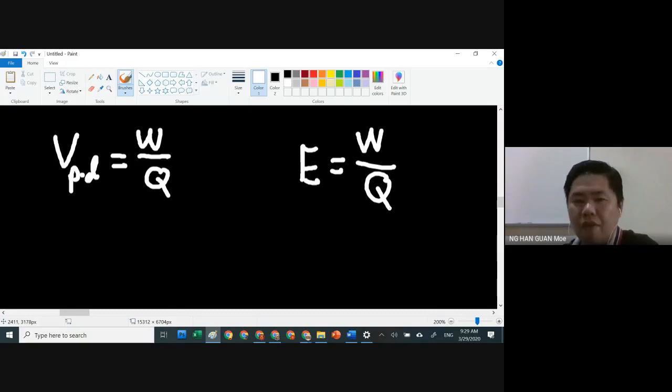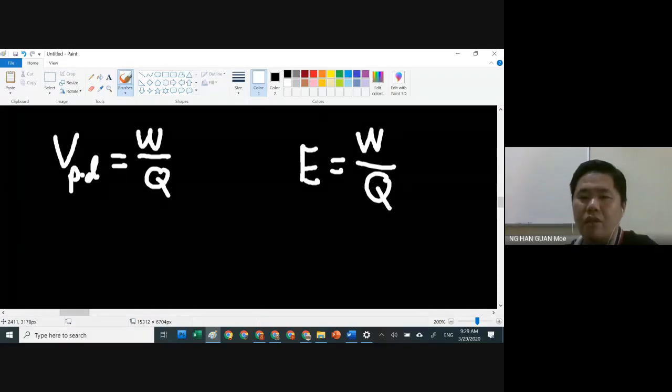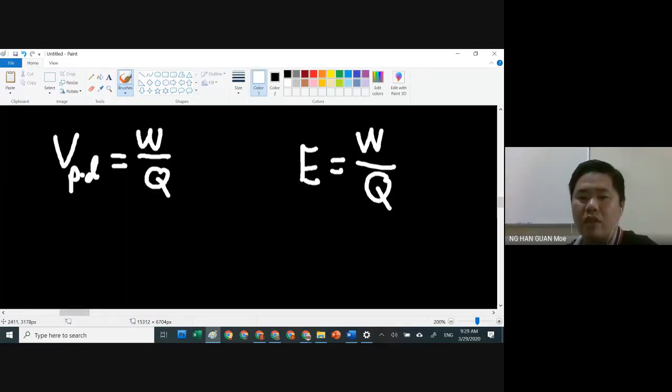And the EMF is the energy provided for every one coulomb of charge by the source. Again, EMF is what we call the energy provided by the power source for every one coulomb of charge, to go round the circuit.